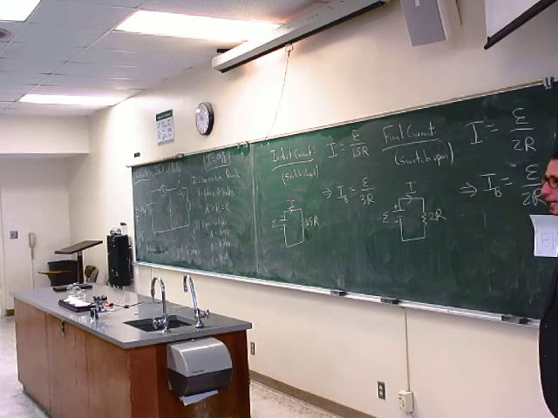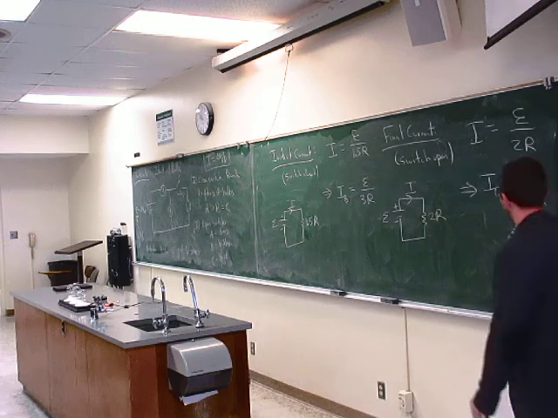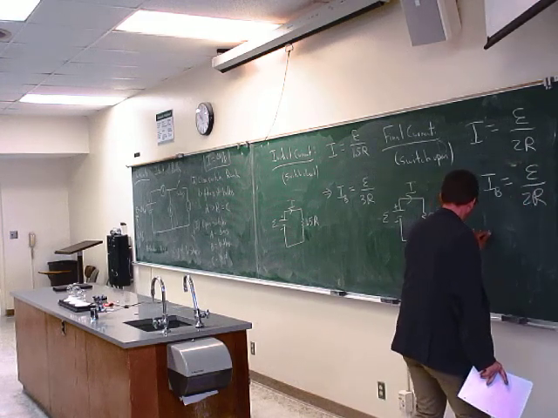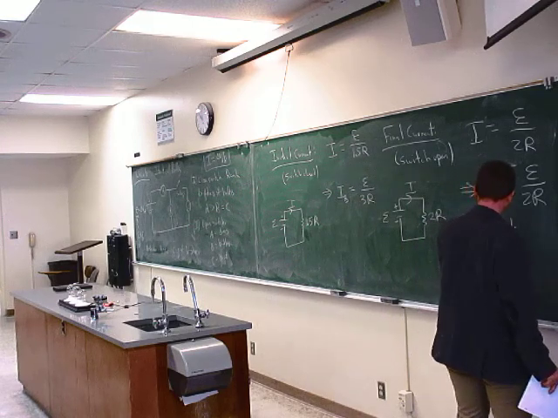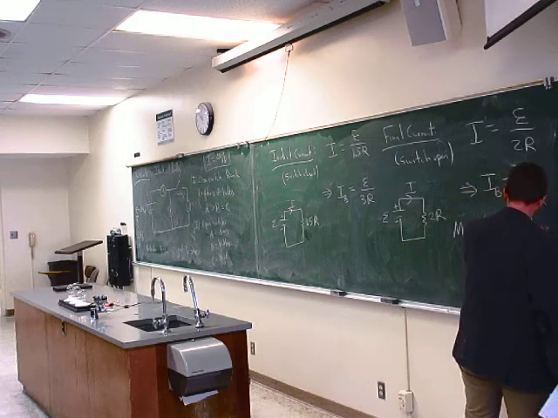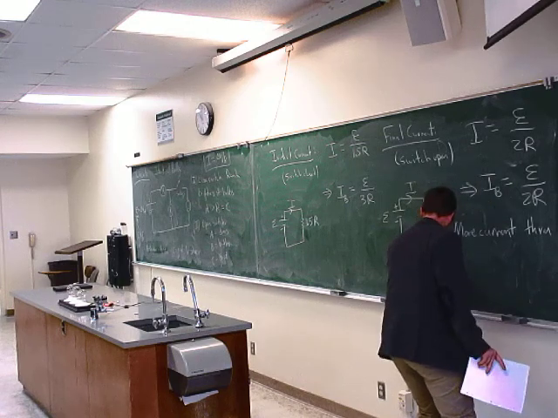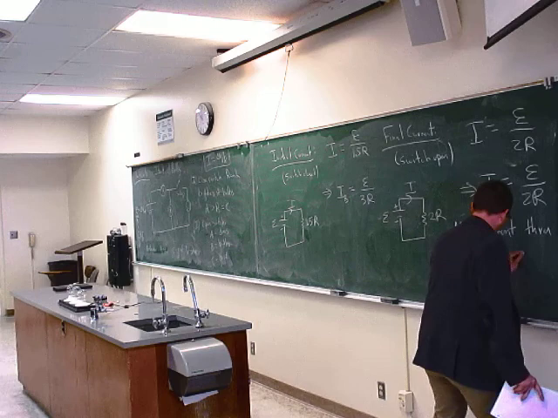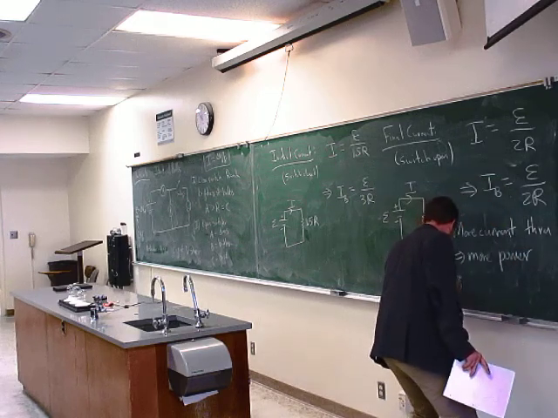So we have more current going through B. This means more power, which basically means brighter.